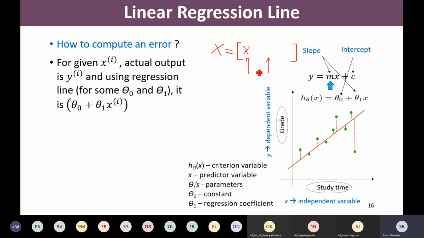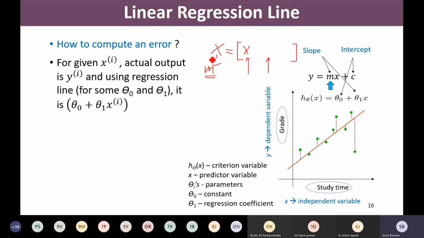Okay, so I am having, say for example, m number of samples in my data set X. So I am having n number of points, data points. So n denotes the number of samples, the number of examples in my data set, right?